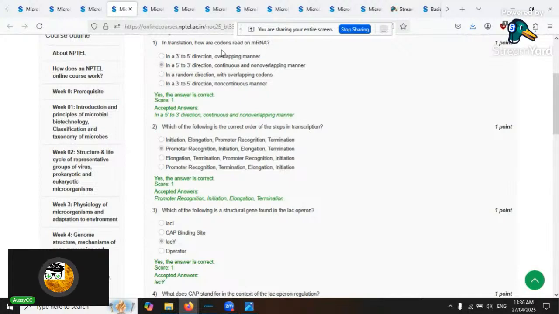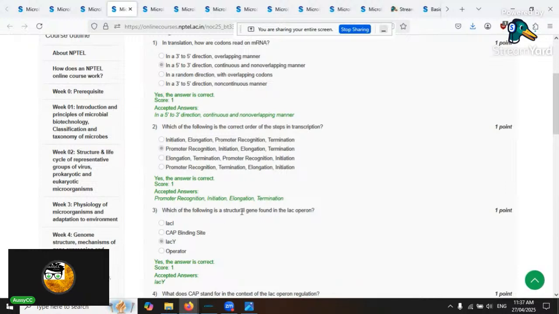In translation, how are the codons read on the messenger RNA? In the 5' to 3' direction. Which is the correct order of the steps in transcription? It starts with promoter and ends with termination.